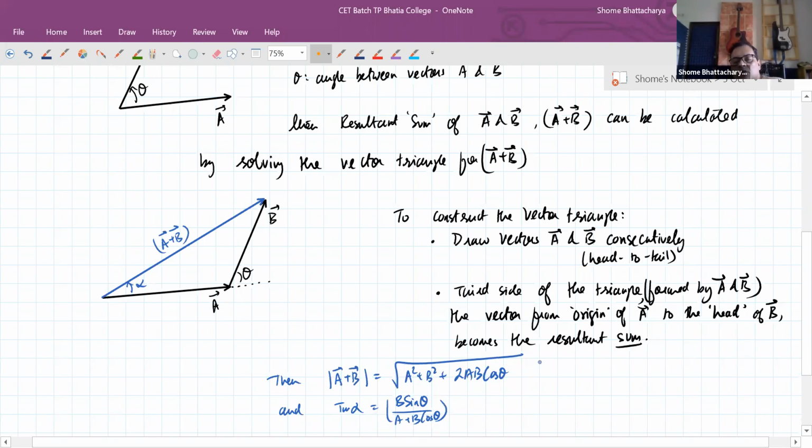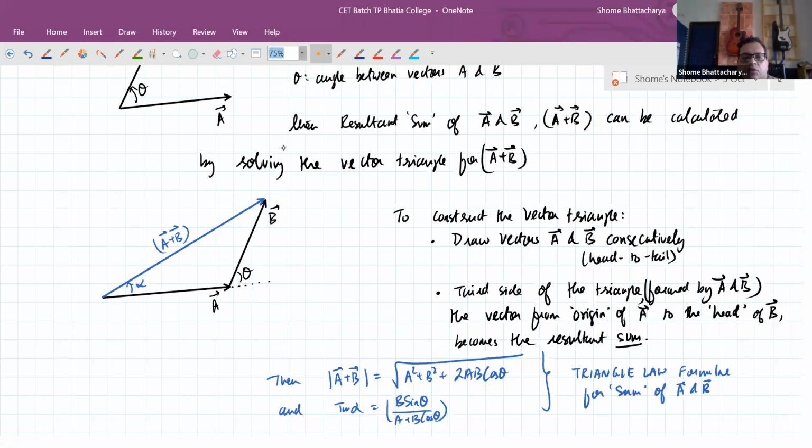These two formulae constitute the triangle law formulae for the sum of vectors A and B. This is going to become an extremely important operation for us.